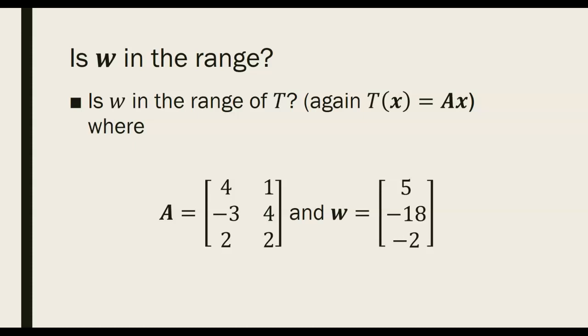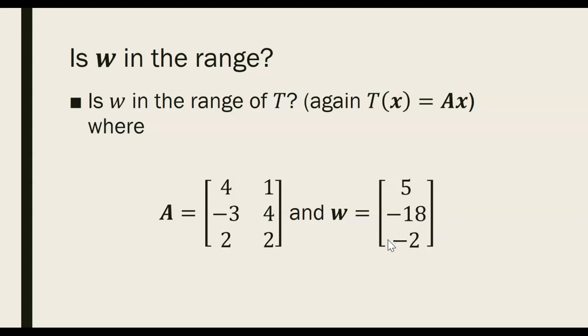Now we're going to solve it in the exact same way that we solved the previous problem. We're going to create Ax equals w and try to solve the matrix equation. Either way, if it has a solution, then w must be one of the images.